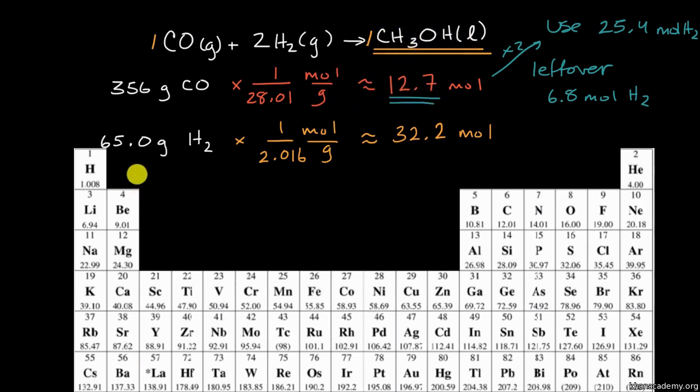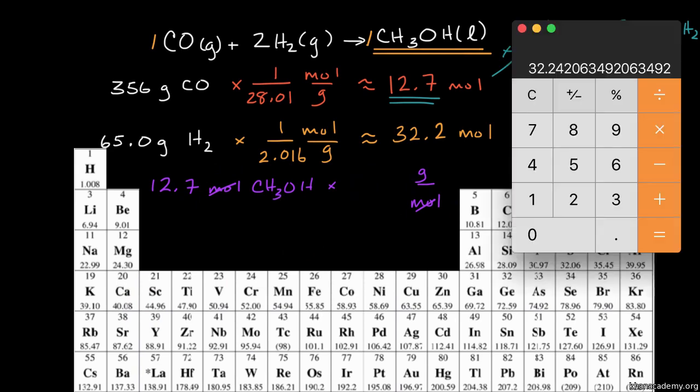And so let me write that here. So if I have 12.7 moles of methanol, CH3OH, how do I convert this to grams? We'll have to multiply this times a certain number of grams per mole so that we can cancel out the moles, or essentially the molar mass of methanol. And to figure out the molar mass of methanol, we'll get our calculator out again. So we have 4 hydrogens here.